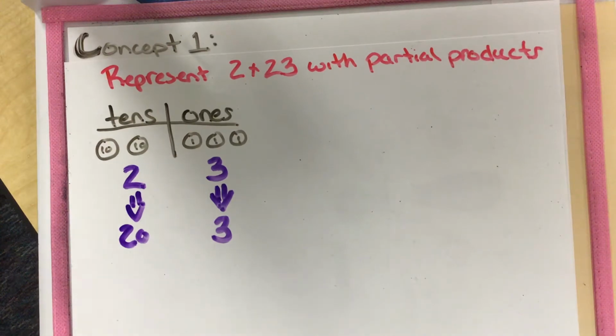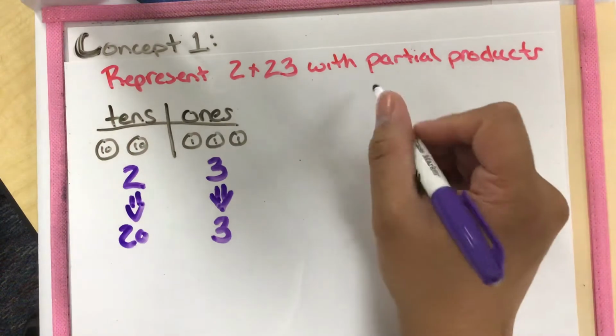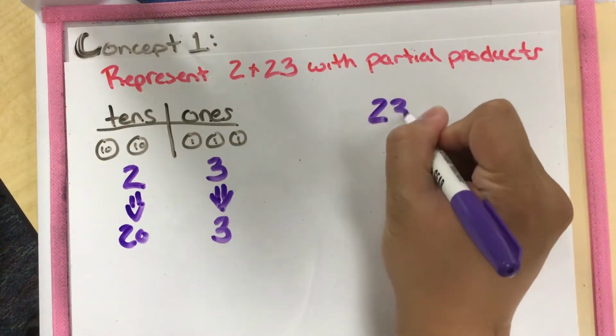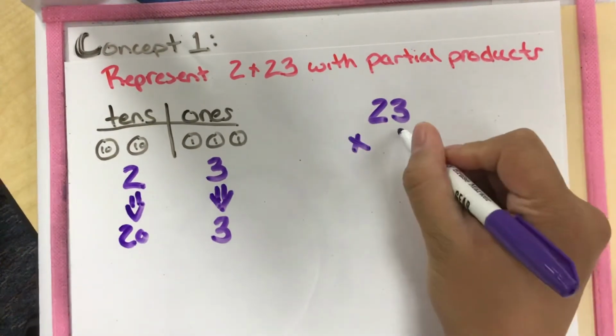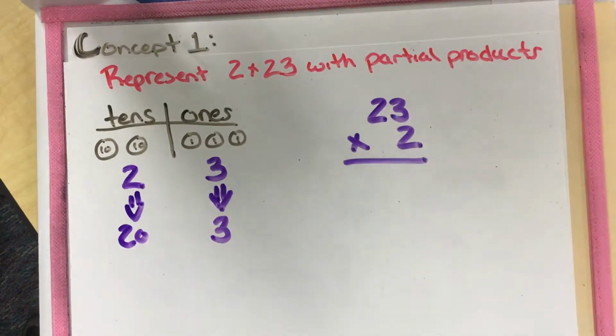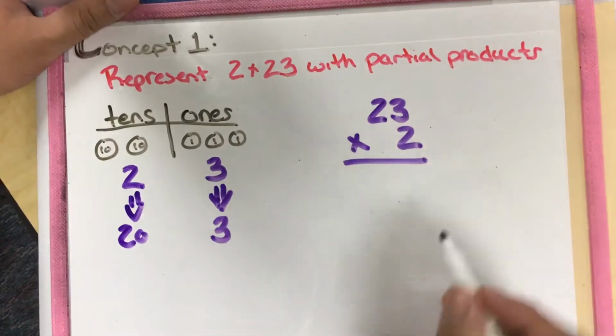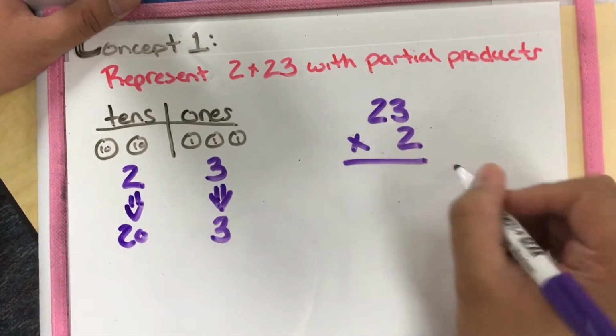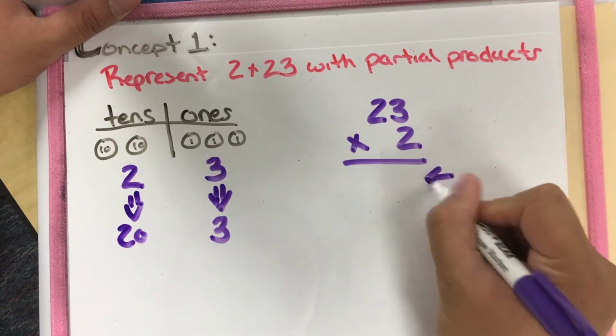Now you must be thinking, Mr. Ray, how does this relate to multiplication? Well, when we do our multiplication, if we have 23 times 2, in reality, what we're doing is taking each number from the right side and bringing it down. What do I mean by that?